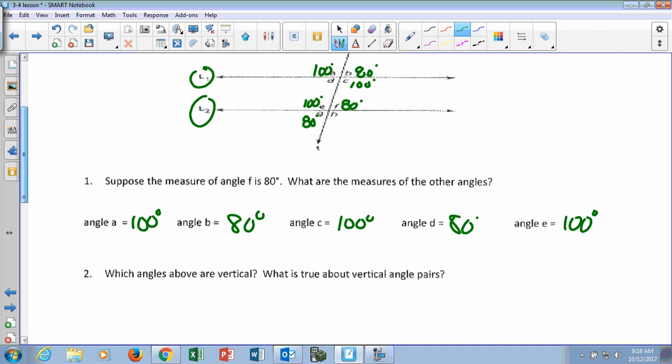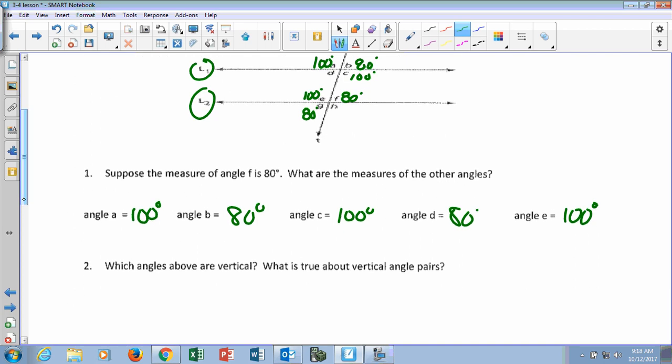So take a look above. Which angles are vertical angles again? Who can give me a pair? Raise your hand, give me a pair. Martina. Okay, angle F and angle G. That's one pair. There's three more to go. Give me another pair. Maria.